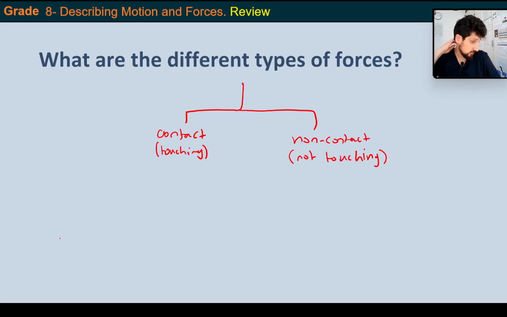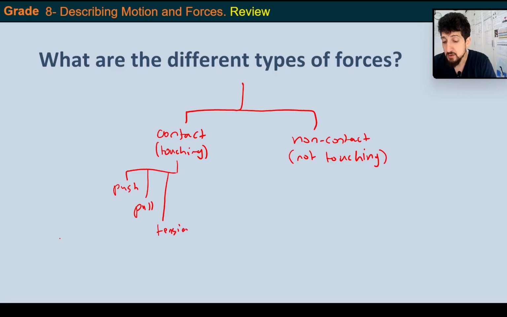What can be a contact force? Well, it could be a push or a pull, like if you push something with your hands or you pull with a rope, okay? Could be like tension. What else could be a contact force?